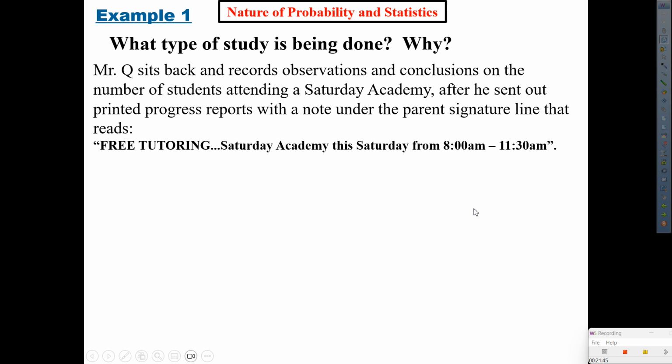Look up example 1Q. Nike does a study on how many pairs of Air Qs are sold over the weekend after they brought them out to the sales floor at Vieja's Nike outlet. Tell your neighbor, will that be observational or experimental?